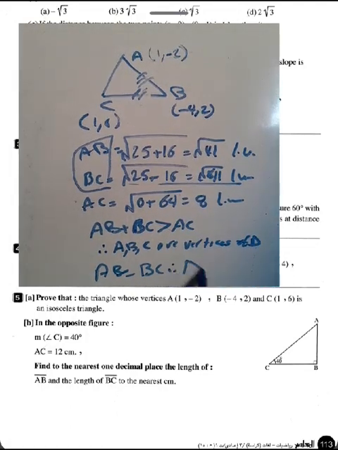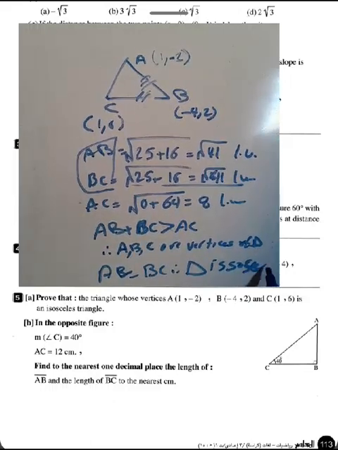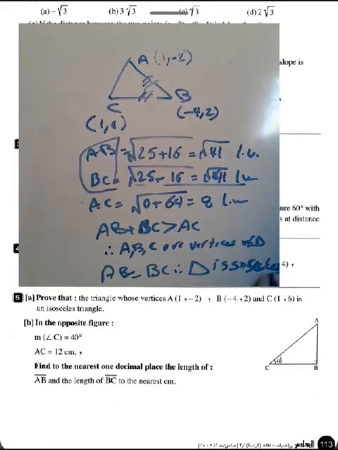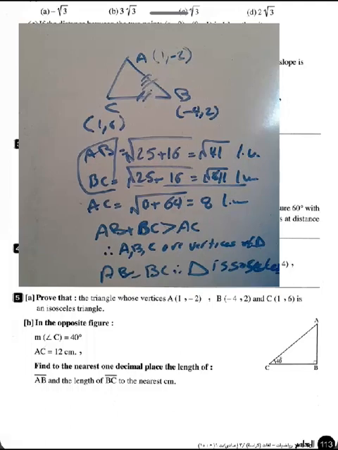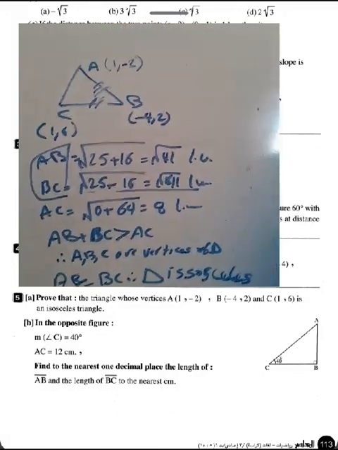Then this triangle is isosceles. Understood?